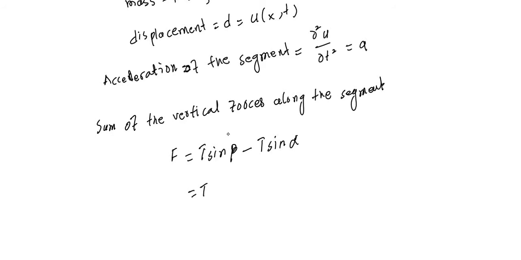You can take t as common: t times sine beta minus sine alpha.